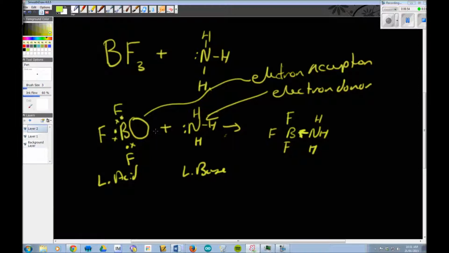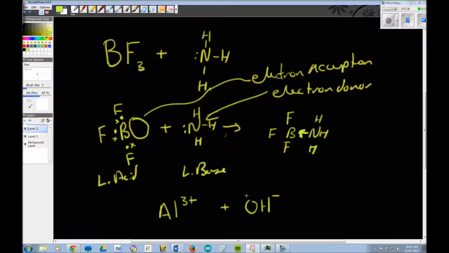Let's try one more thing here. How about something like this? What can we say about aluminum that looks like this? Let's just remember what we have here.